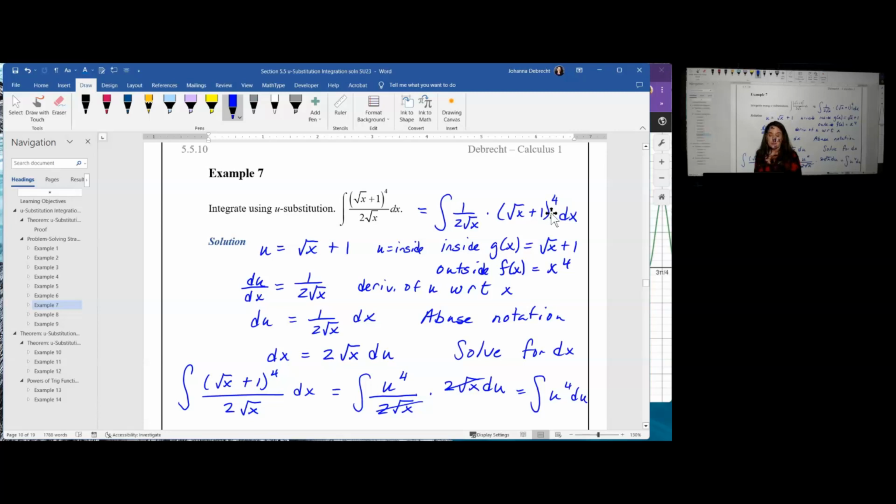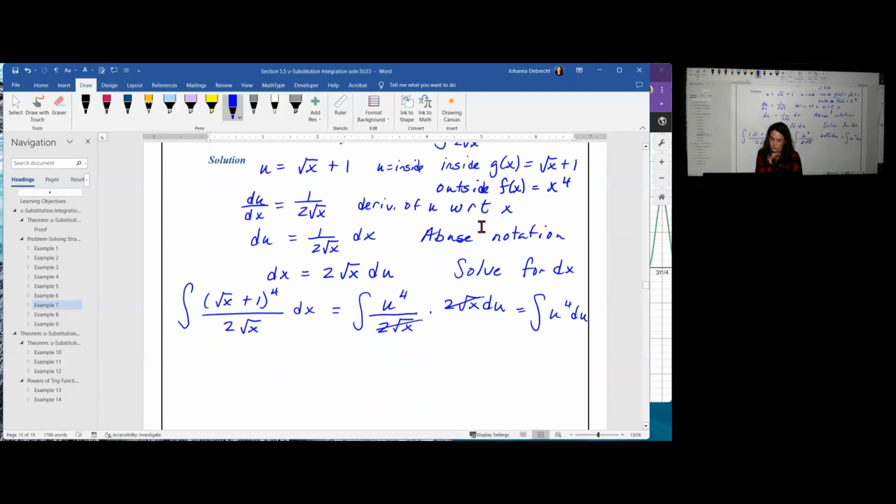This is simply going to be an application of the power rule for integrals. When I apply the power rule, I add 1 to the power and divide by the new power. Then I add the constant of integration. This gives me u to the 5th divided by 5 plus c.